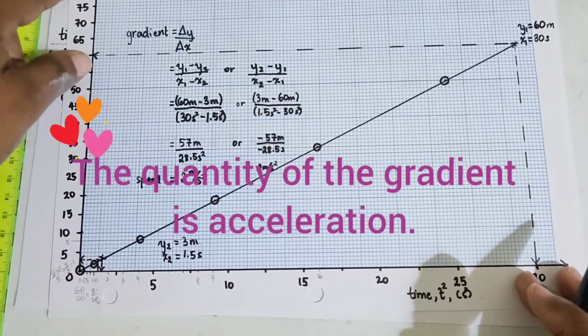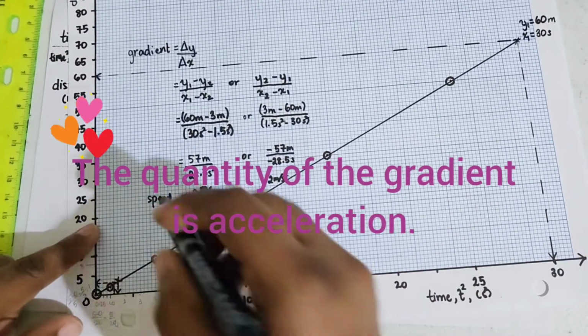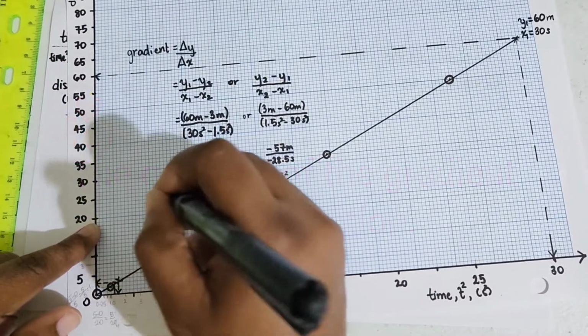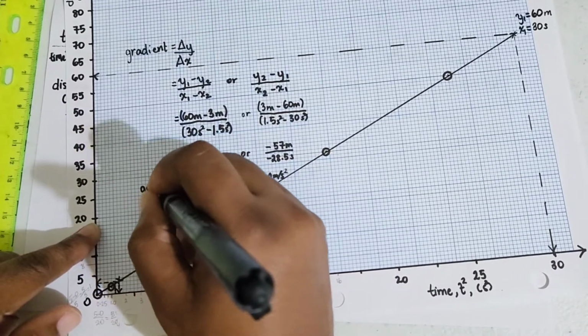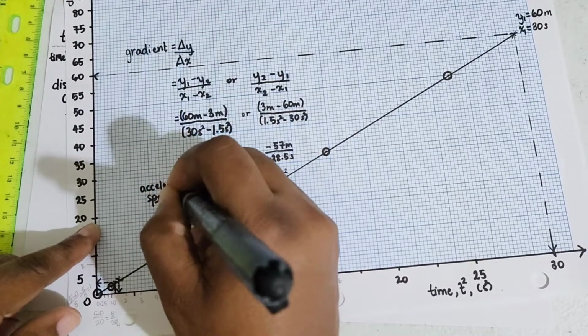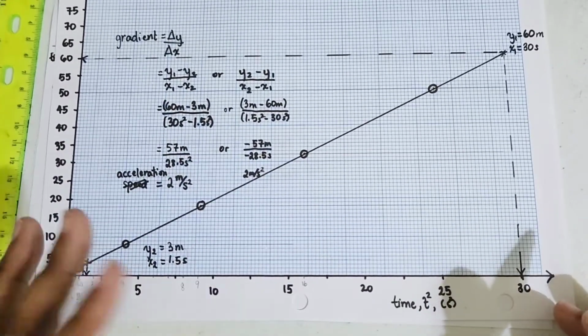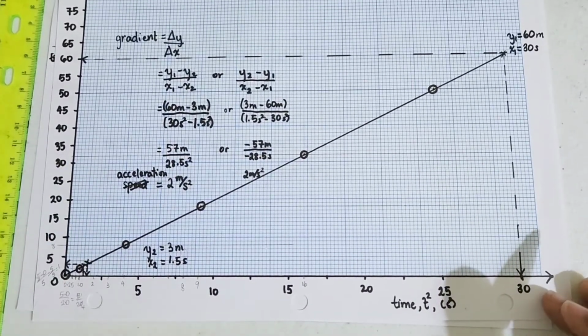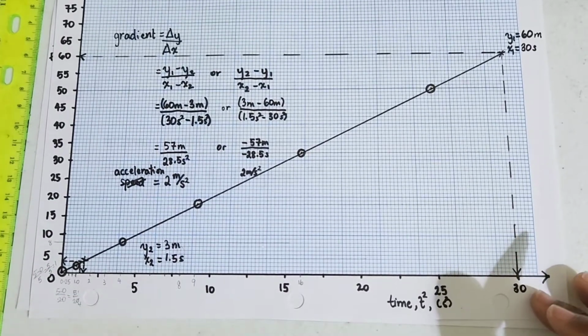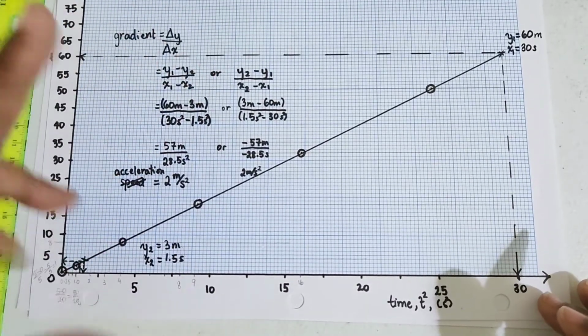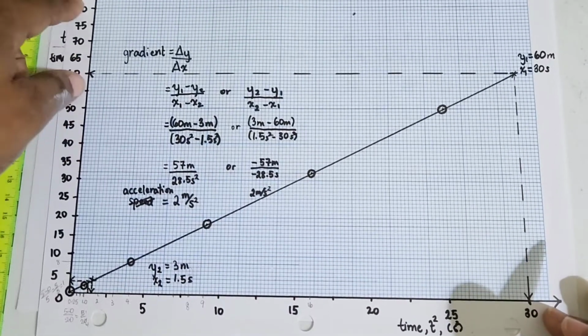So if you have meters divided by seconds squared, it tells us acceleration, because that's the unit of acceleration. Okay, so that's the quantity it tells us for the gradient. So you have to be mindful of the units that you're using.